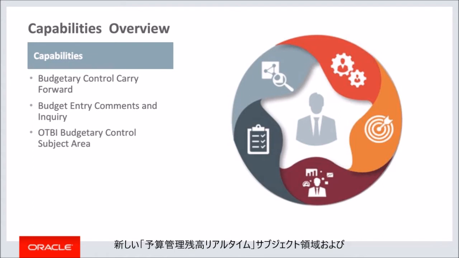Finally, expand Oracle Transactional Business Intelligence Reporting, also referred to as OTBI, with the new Budgetary Control Balances Real-Time Subject Area and the new attributes introduced in the Budgetary Control Transactions Real-Time Subject Area.